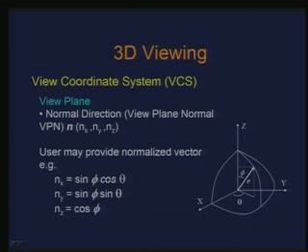If I locate the view reference point, then my normal could just be defined as minus r. So, there are various ways in which you can define this normal. This is the prerogative of the user, how the user wants to define it. You are just giving the interface or the facility for the user to define this normal.